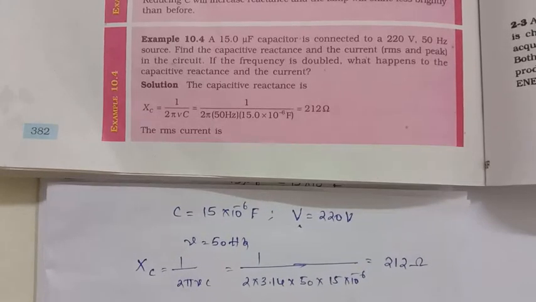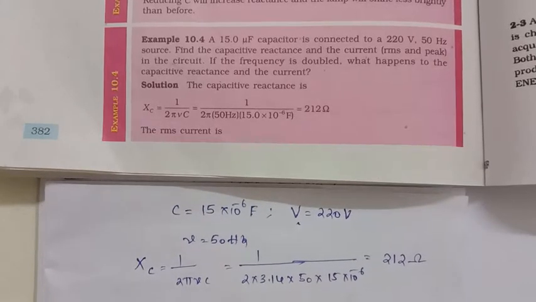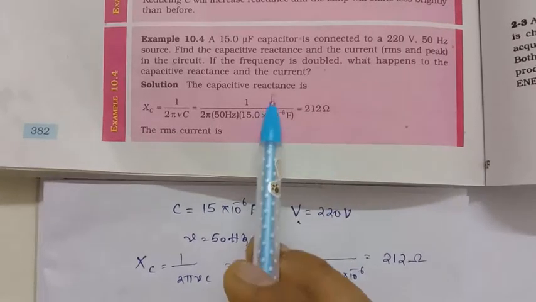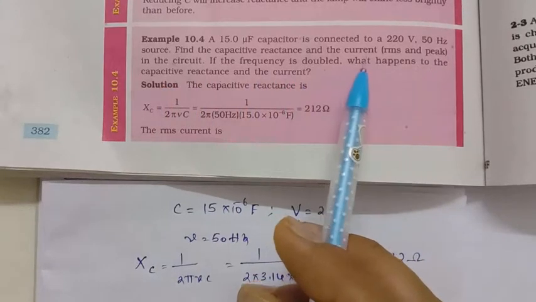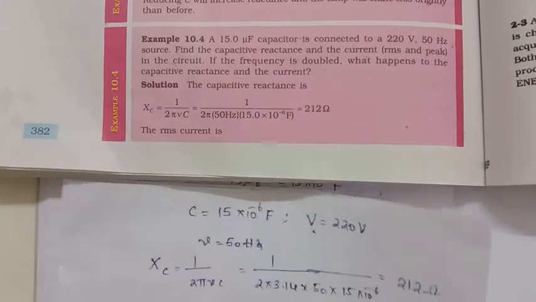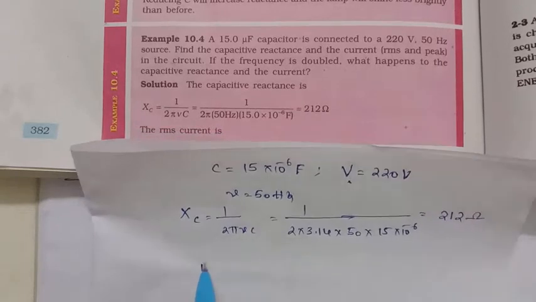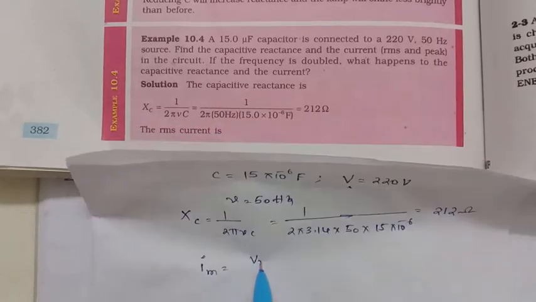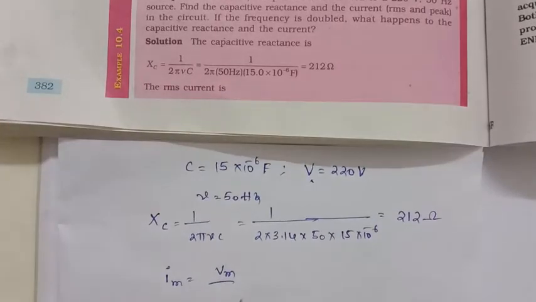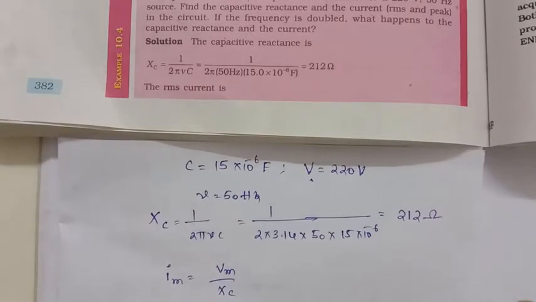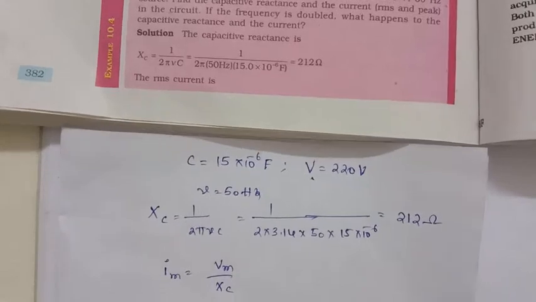That is the reactance of the capacitor. Next, you have to calculate the RMS and peak current. IRMS, and what is Im here? Vm upon XC.